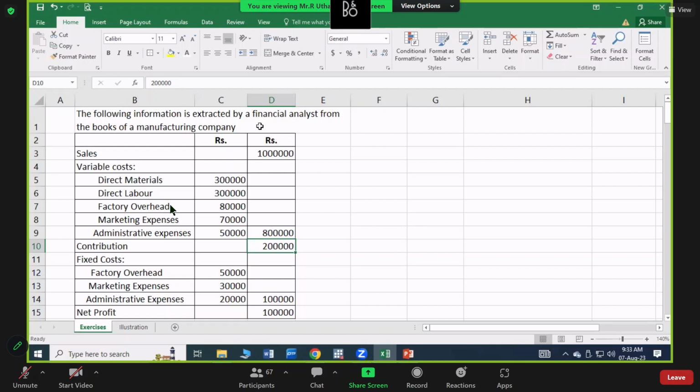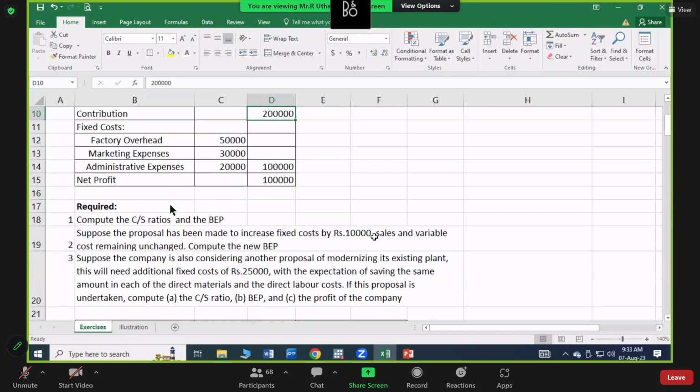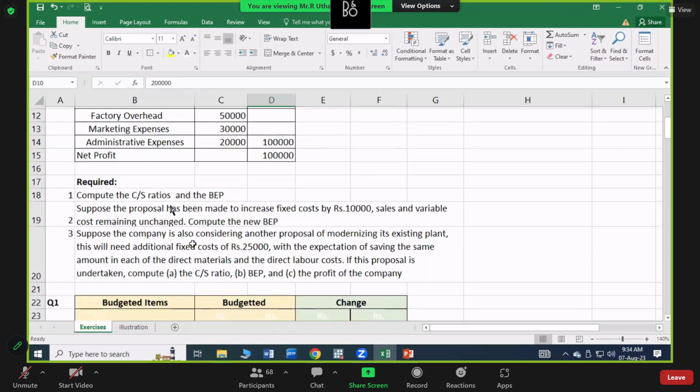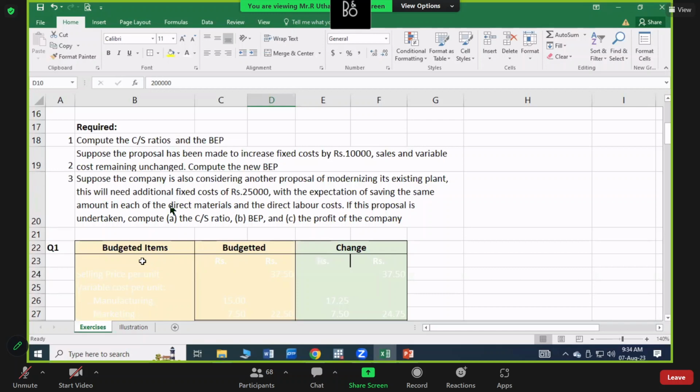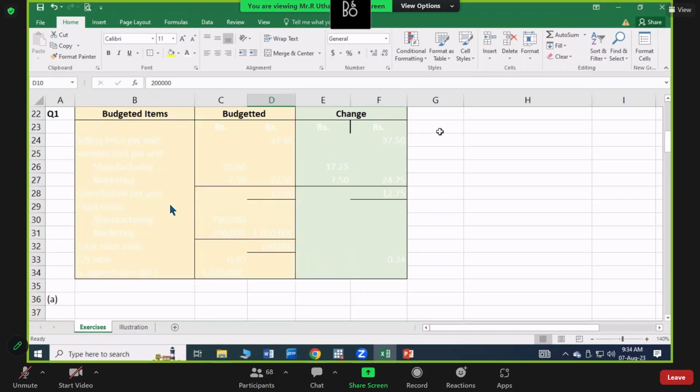The workings should be applied before you answer these other questions. You can give the workings in this chart.